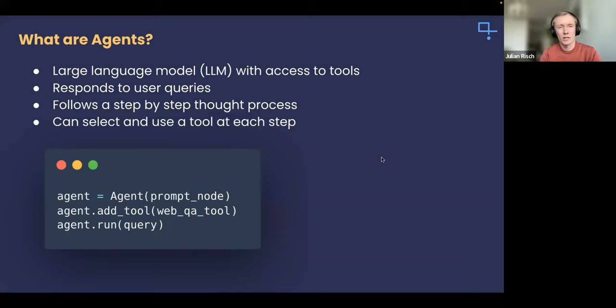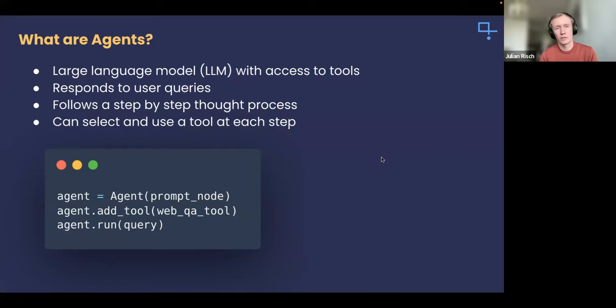And the special thing about agents is also that they are instructed in a way that they usually follow a step-by-step thought process, so that they can handle more complex user queries step by step and build up an answer until they can finally respond to the user query.